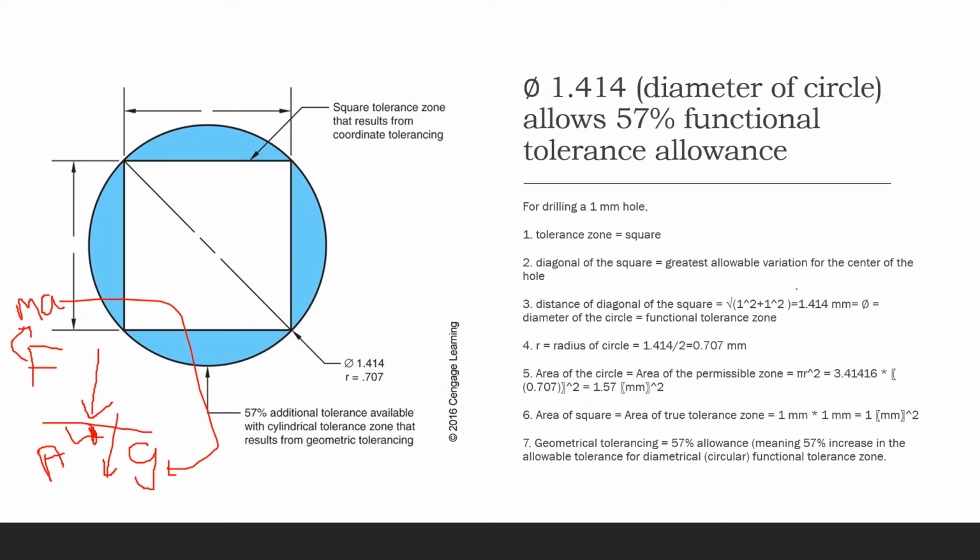So since you're drilling in this direction and making a hole right there, if you go over this tolerance zone, which is your square, your hole will always be bigger than that because you're drilling down, so the force and pressure are going downwards, so you can never have a smaller hole, right?